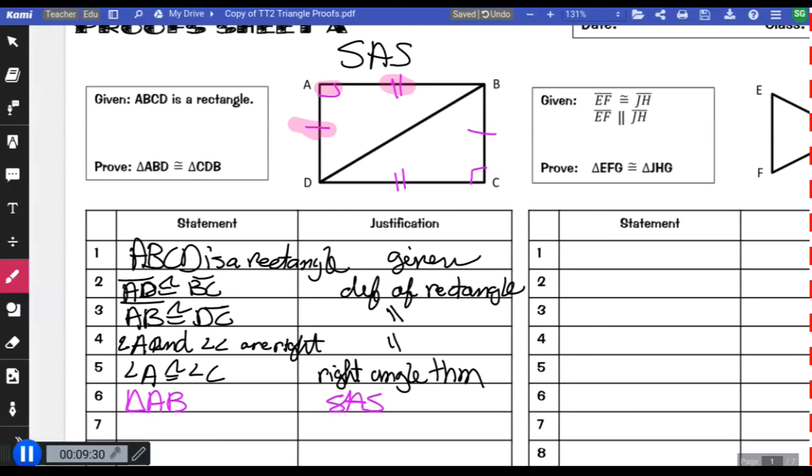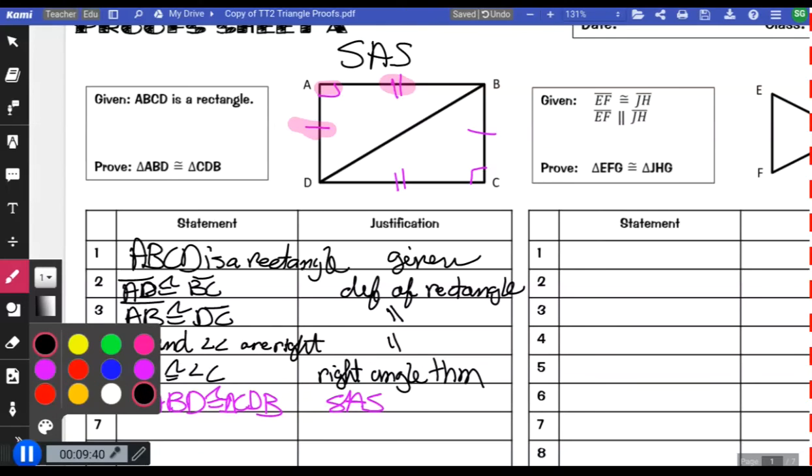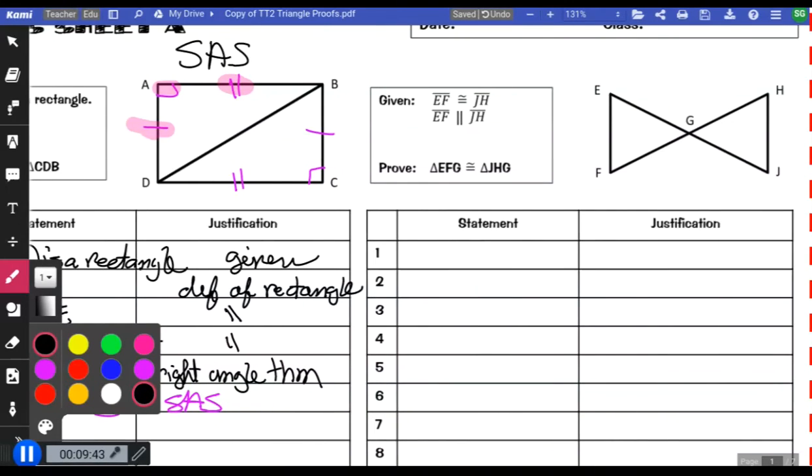I'll take a look at number 2. Again, same as before, I want you to mark everything that you know before we start on any of the proofs. EF is congruent to JH because that's given. It's also parallel. Since it's parallel, I'm going to have alternate interior angles that are going to be congruent.